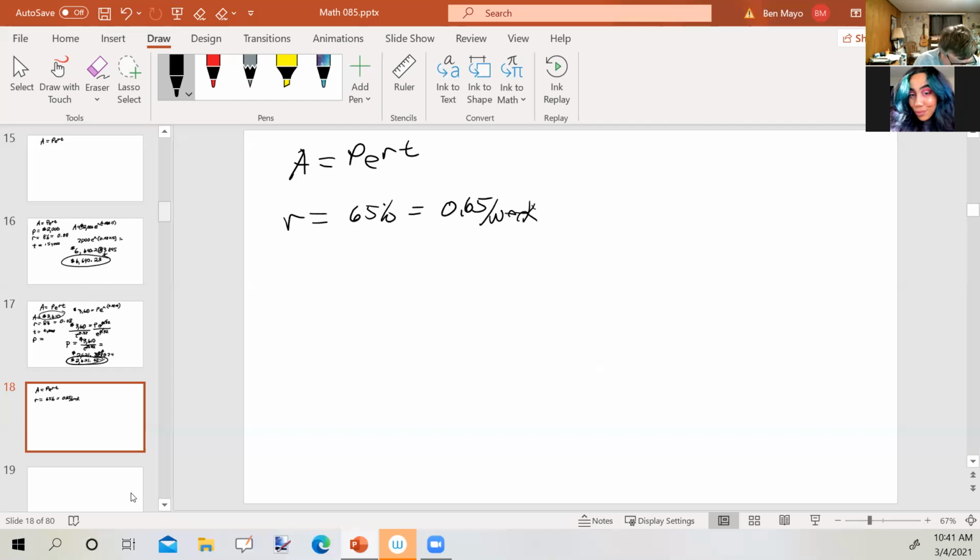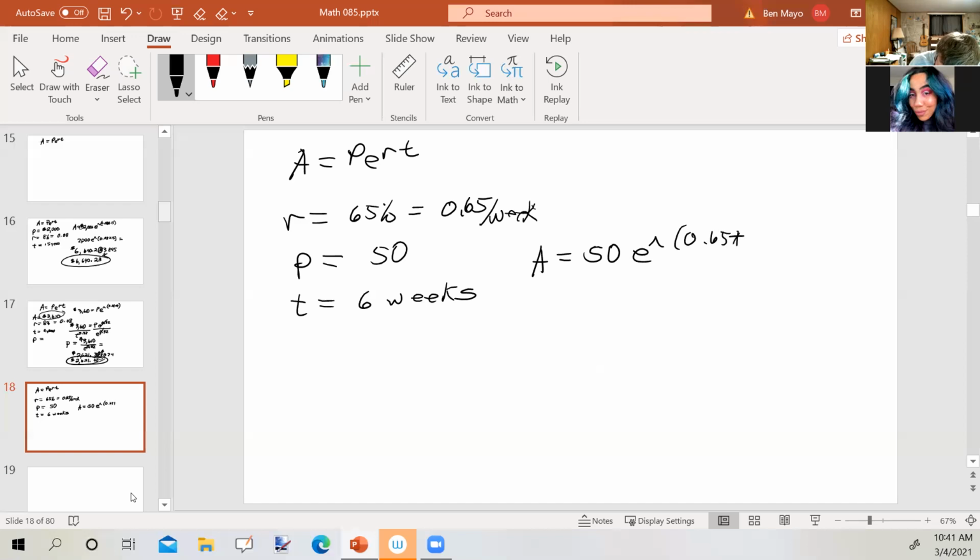If a colony currently has 50 bed bugs, so the starting amount is 50, how many will there be in 6 weeks? So notice the rate is per week and time is in weeks. So A equals 50 times E raised to the 0.65 times 6 weeks power.